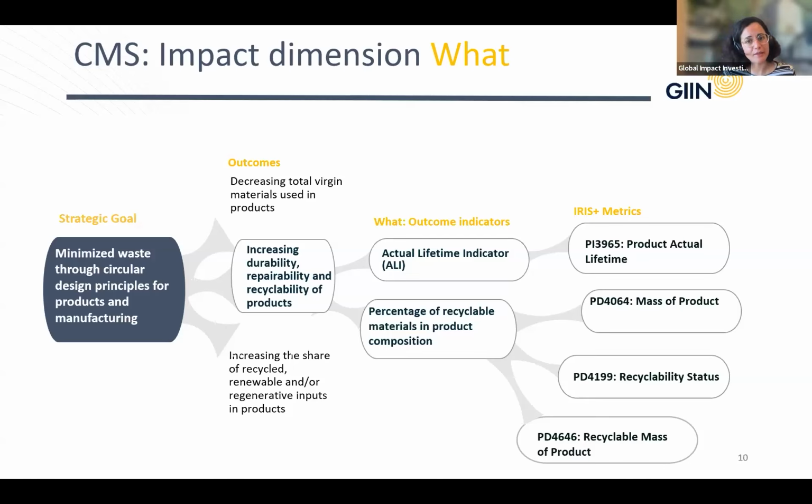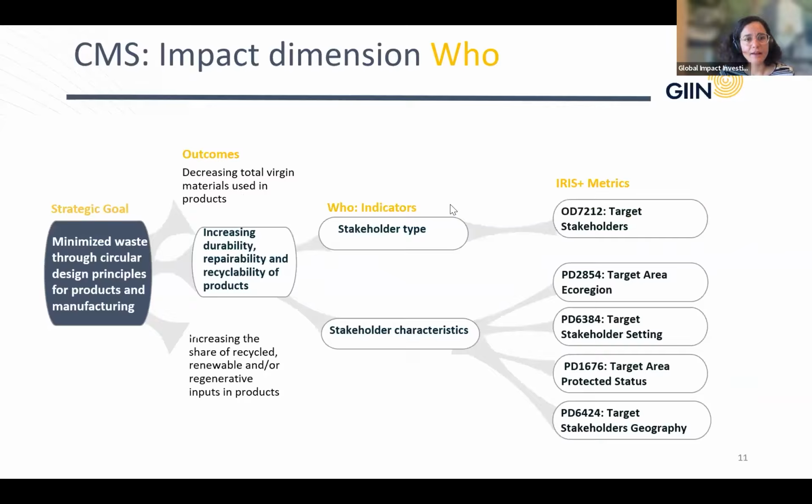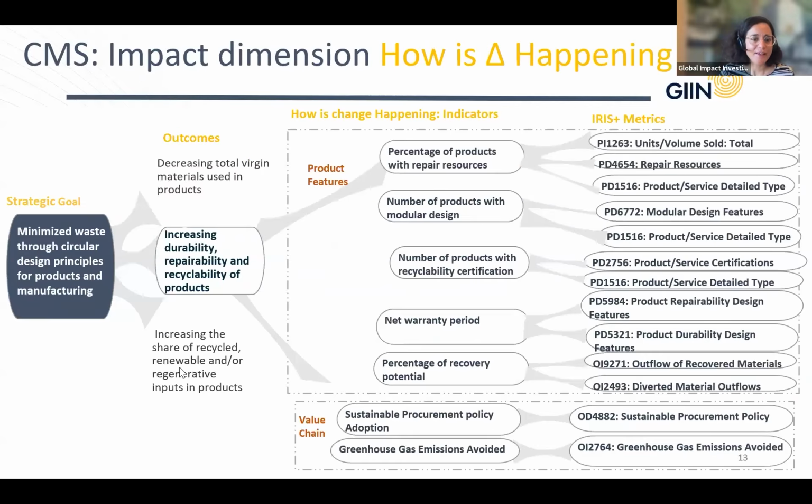So it's in this sense that the actual lifetime indicator is very much an outcome focused indicator. And then the how is change happening is going a little bit further upstream and tries to provide metrics and indicators to support your work in terms of what pathway you are taking towards supporting that change.